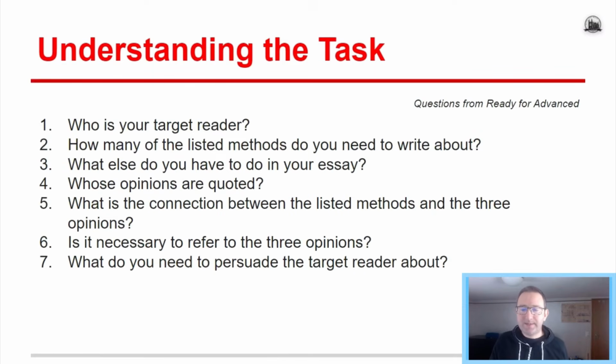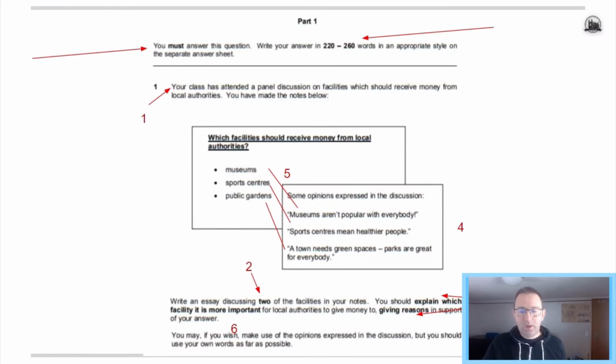What is the connection between the listed methods and the 3 opinions? So if we look, the first opinion says museums aren't popular with everybody, and that links with museums. Sports centers mean healthier people is about sports centers. A town needs green spaces, parks are great for everybody is about public gardens.